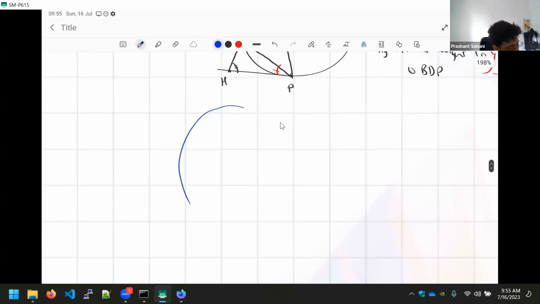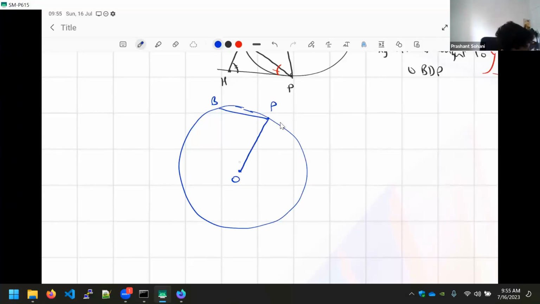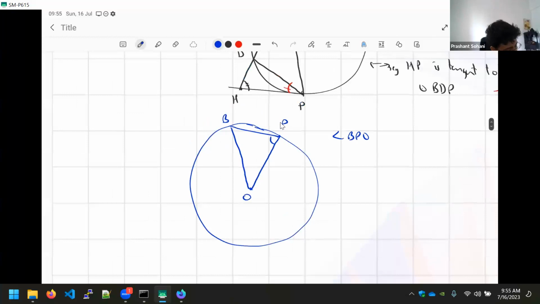This is one more thing that will occur all the time: suppose we have a circle and we have points O is the center, B, P. When this configuration is there and we are interested in angle BPO, then do you see that angle BPO is also equal to angle PBO. And they are both going to be equal to 90 minus this angle TOP, correct?